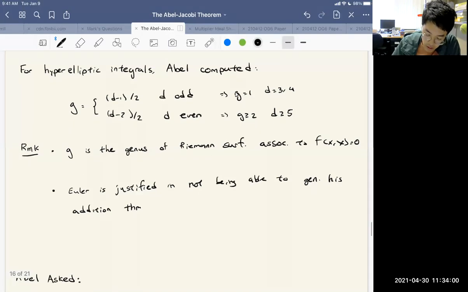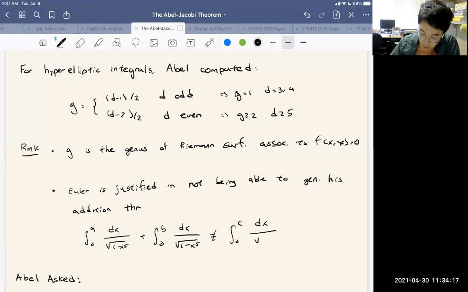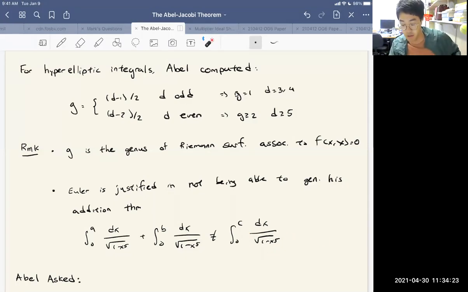So what do I mean by this? I mean, you can't write something like the integral from 0 to a of dx over the square root of 1 minus x to the 5, plus the integral from 0 to b of dx over the square root of 1 minus x to the 5, as some integral from 0 to c of dx over the square root of 1 minus x to the 5. You're going to need at least two things on the right-hand side.